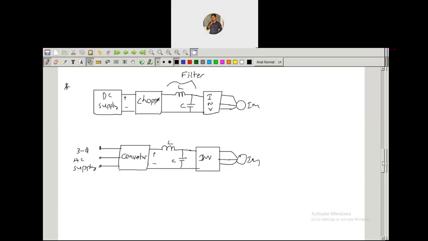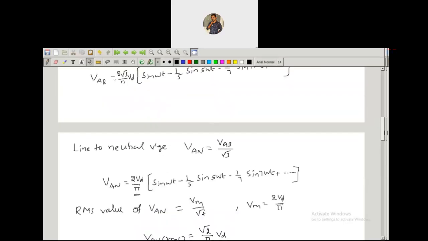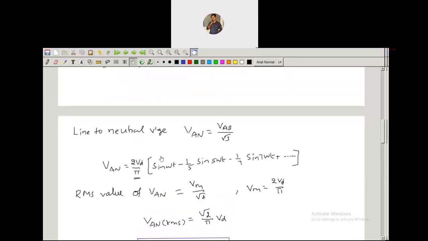Now if you observe this voltage equation, other than the fundamental we are going to have the remaining frequency components also, that is, we are having the 5 omega t, 7 omega t, like that.